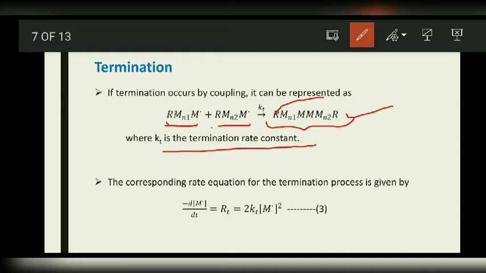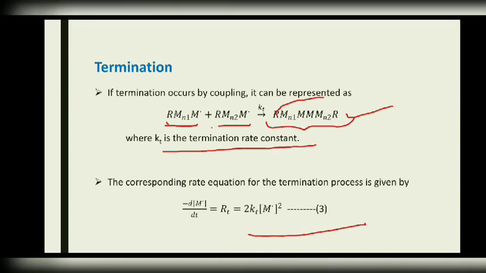M dot means the concentration of growing chains. So here the rate of change of concentration of growing chains we are considering, right. Call this equation number 3.